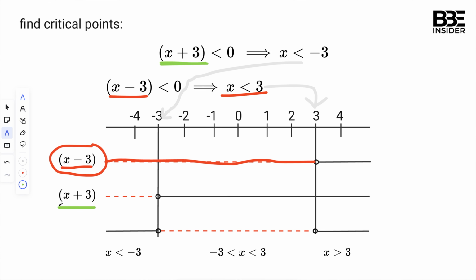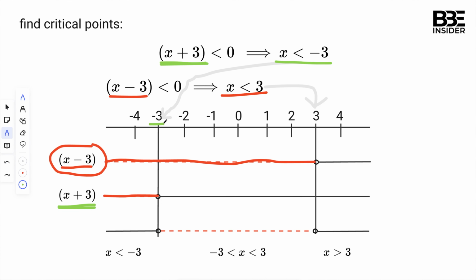As you see, the critical point -3 is right here, and if x is smaller than -3, we have the term being negative on here. Note that because we have a strict inequality, we do not include the endpoints.